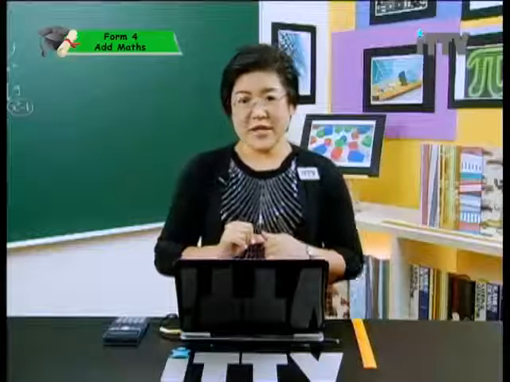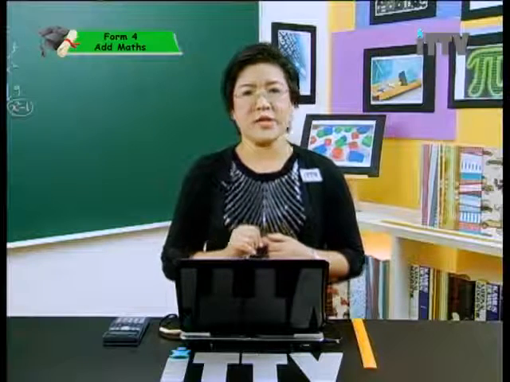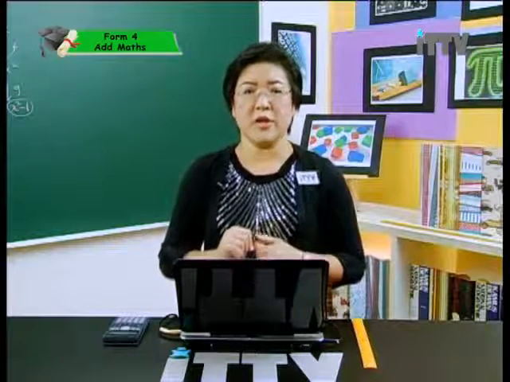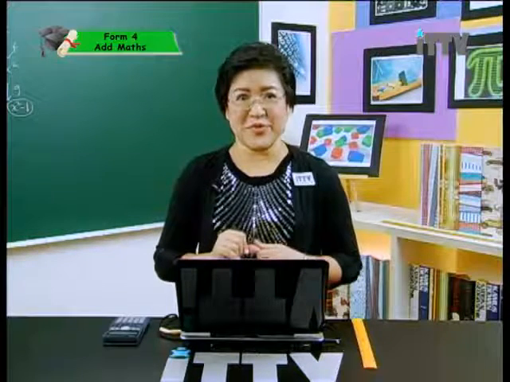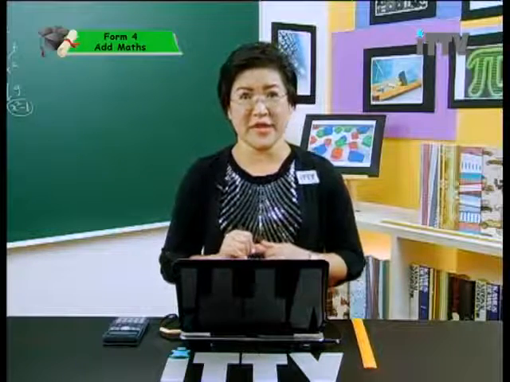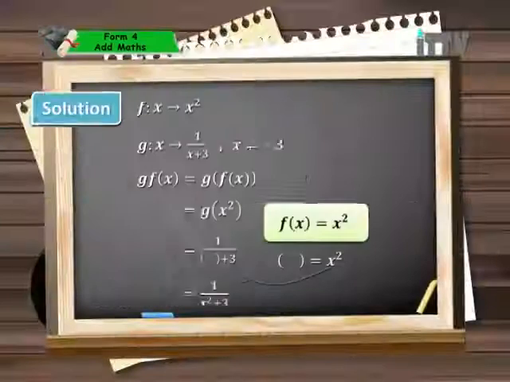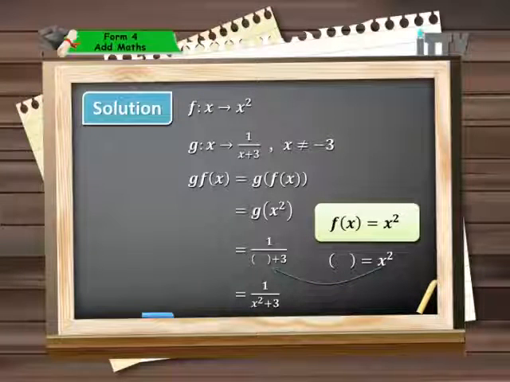In this particular instance, the denominator of x squared plus 3 does not need any condition, because x squared plus 3 will never be equal to 0, and hence we will never have a problem of an undefined case. So the function can be written as 1 over x squared plus 3, just as it is.